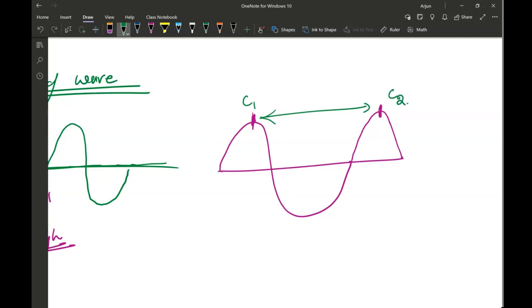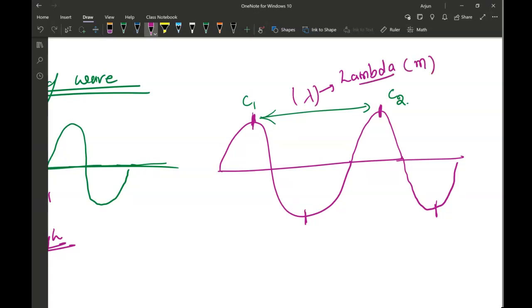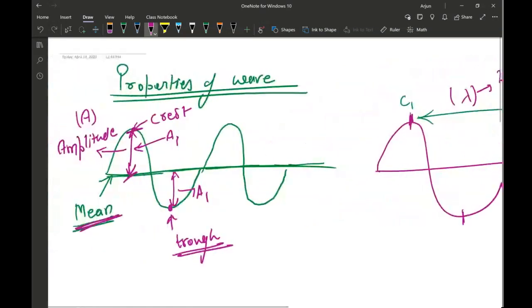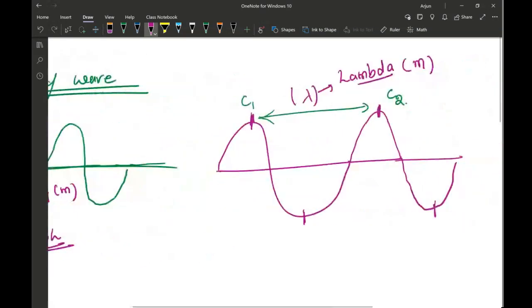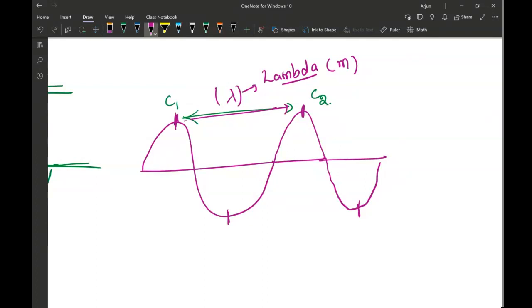The distance between two consecutive crests, or two consecutive troughs for that matter, is called wavelength, denoted by term lambda. Wavelength is always measured in meters. Amplitude is also measured in meters. This is wavelength. This is wavelength. They both will be equal. This is lambda.